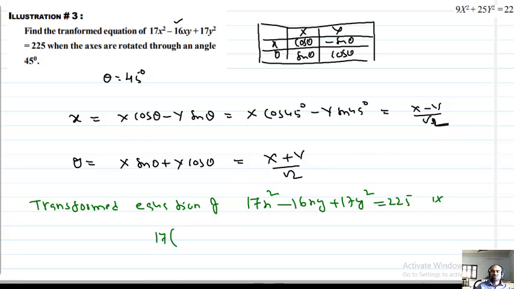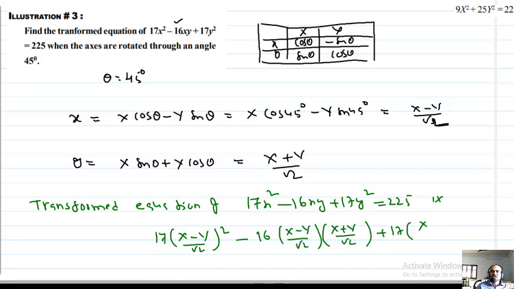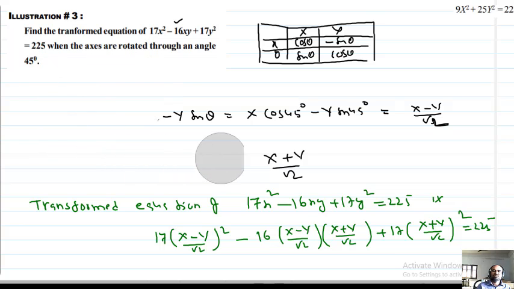Instead of small x, write ((X minus Y) by √2) whole square, minus 16 into (X minus Y) by √2 into (X plus Y) by √2, plus 17 into ((X plus Y) by √2) whole square equal to 225. So here I want to simplify.